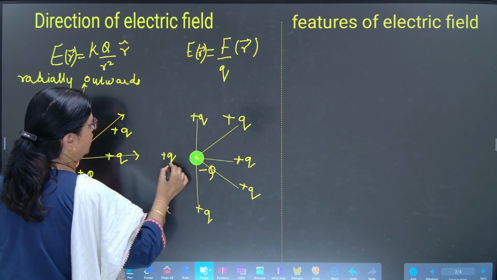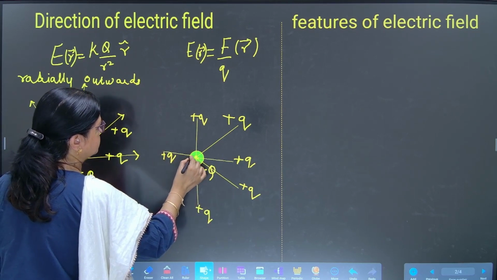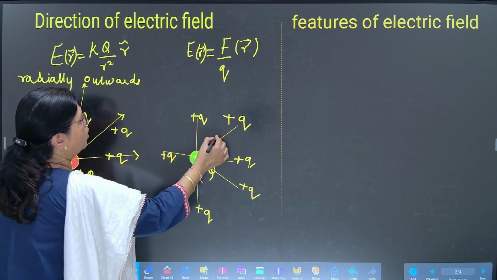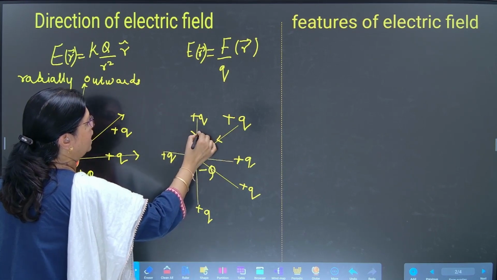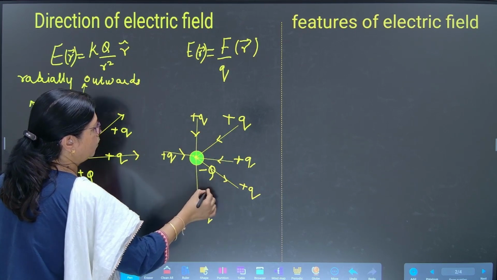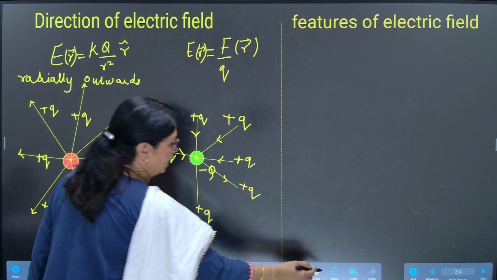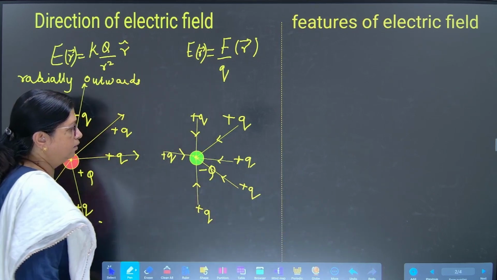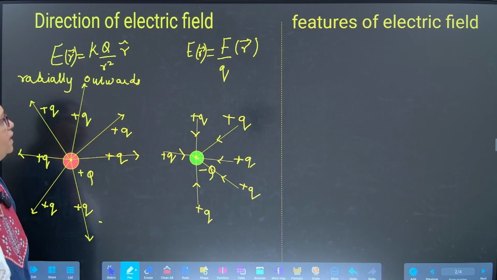Okay, these all are attractive forces. Fine. So as you can see, they are all directed radially inwards, provided the source charge is negative.